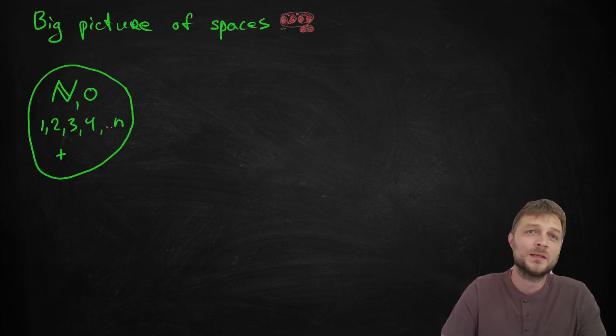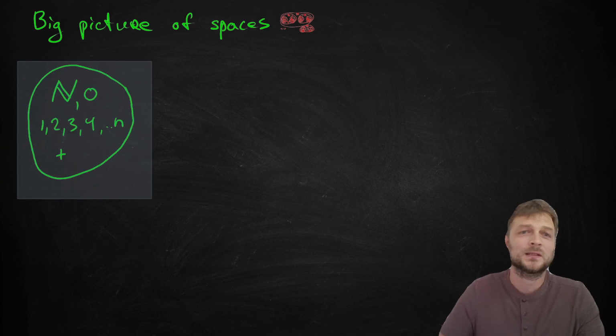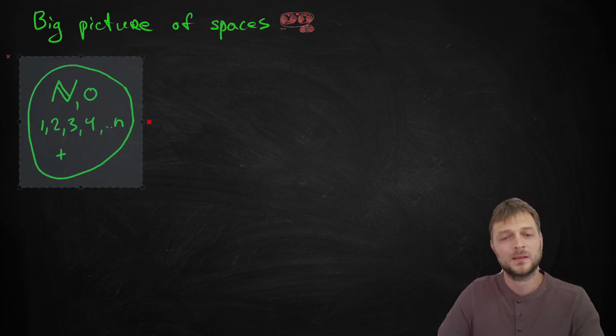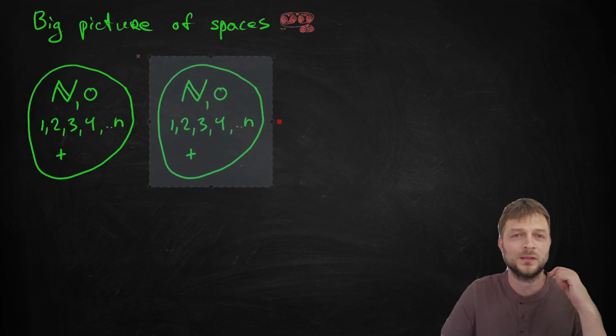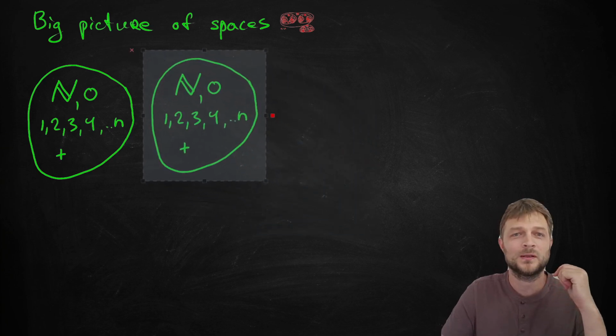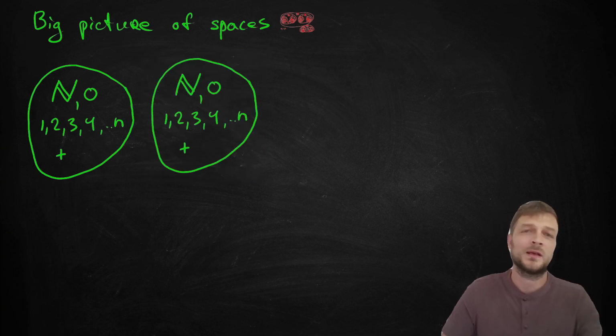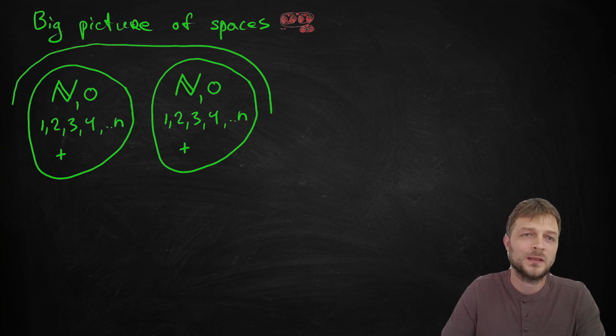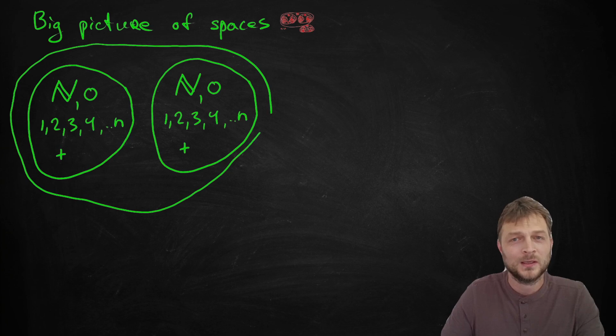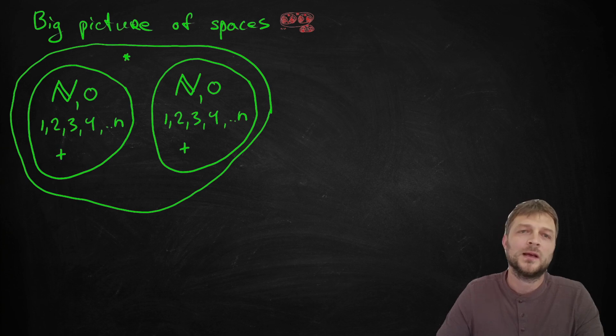Then we took this space, just literally copied it, put it close, and we started to consider another space that encloses these two. This other space is formed by the multiplication operation and some rules with multiplication.